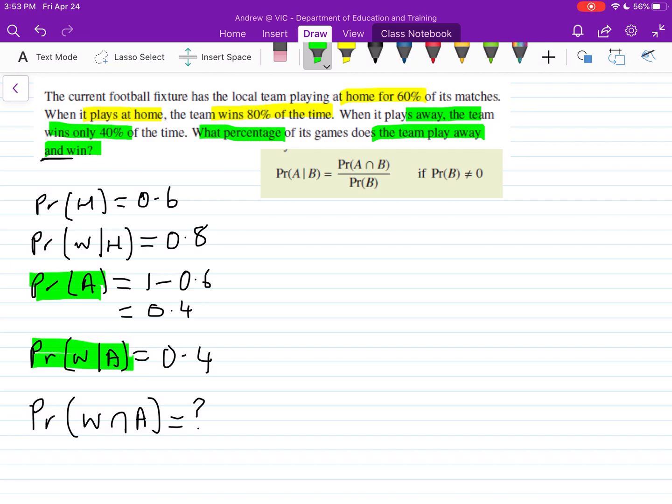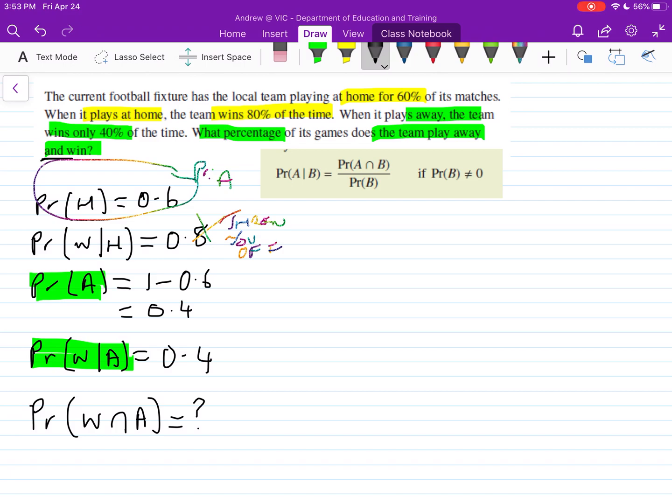This one here was important for figuring out the probability of A, which was good. But this one here is just to throw you off. It is not needed, it's just essentially putting another number there so you can make a mistake. So just make sure you list out all the information. There might be more information than you need just to throw you off, just like in this question here.